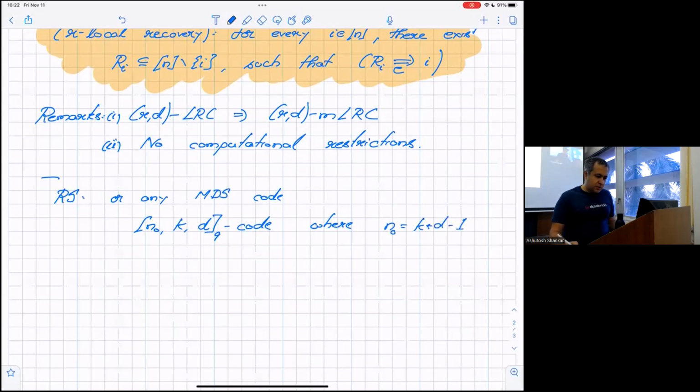That's the Reed-Solomon setting, where N naught is K plus D minus 1.